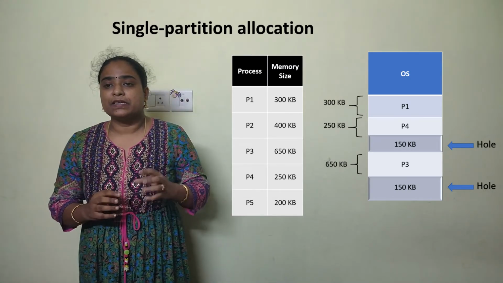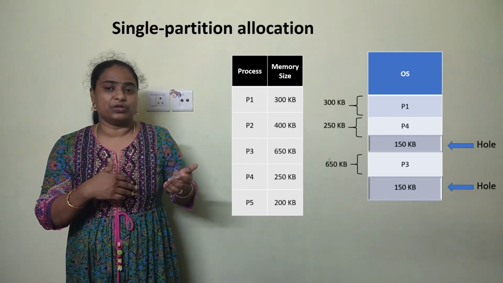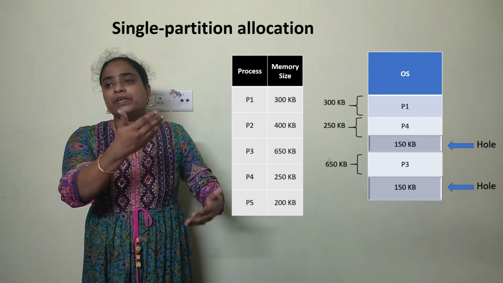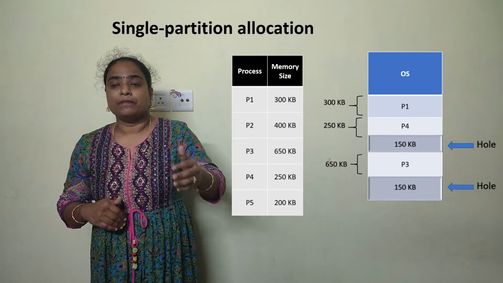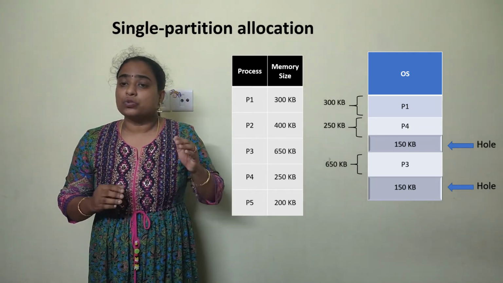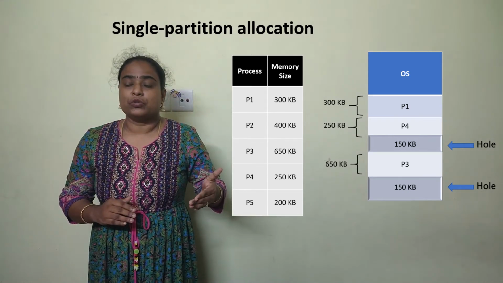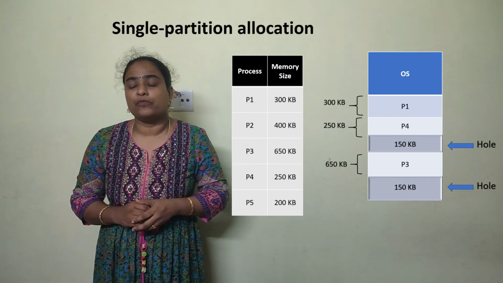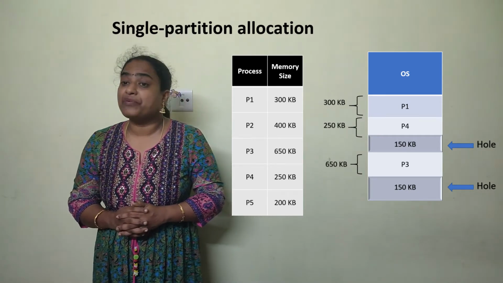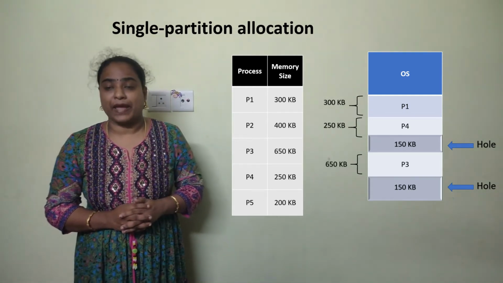The reason is that when you allocate and deallocate, we call this dynamic allocation. During the execution, the process is loaded into the memory and later deallocated, which leaves the memory with holes here and there. Even though the holes are available, they are not continuous, so they cannot be allocated to the next processes. This situation we call fragmentation, or external fragmentation.